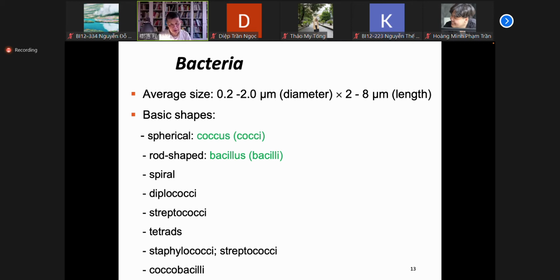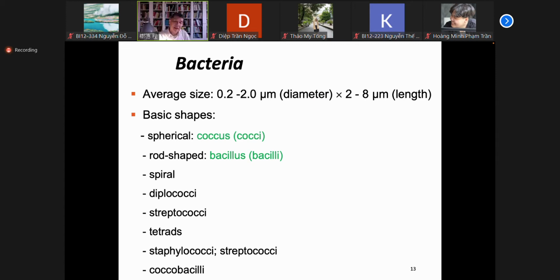That is, diameter up to 2 micrometers and length up to 8 micrometers. But can we have smaller ones, the nanobacteria, or nanobes? Nano means 1,000 times smaller.